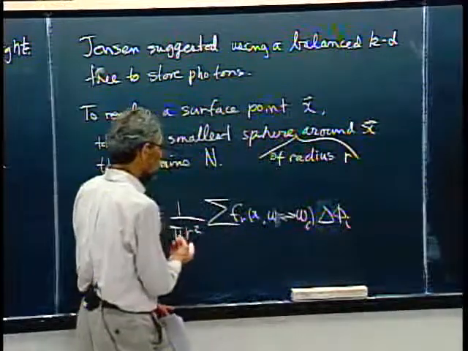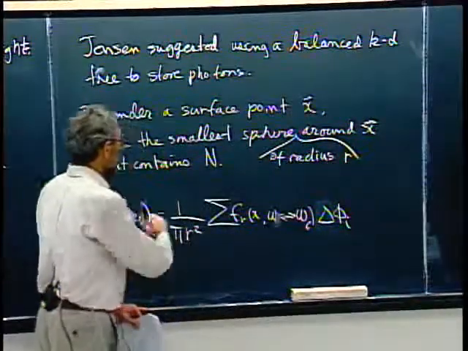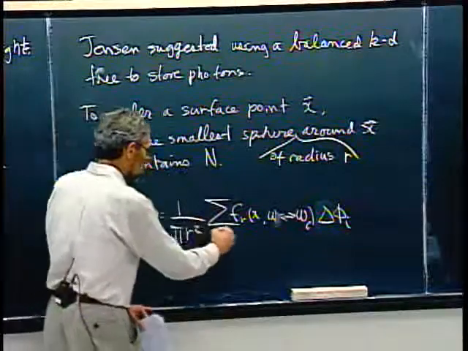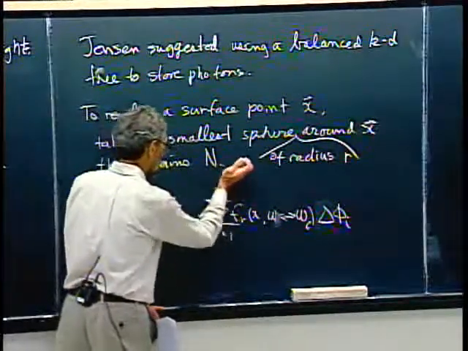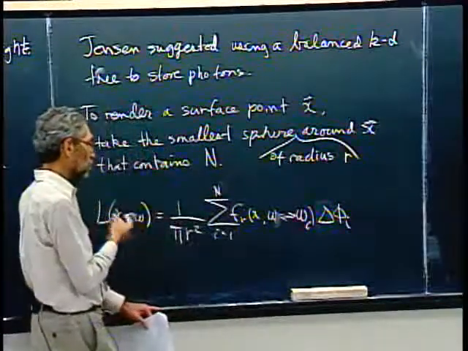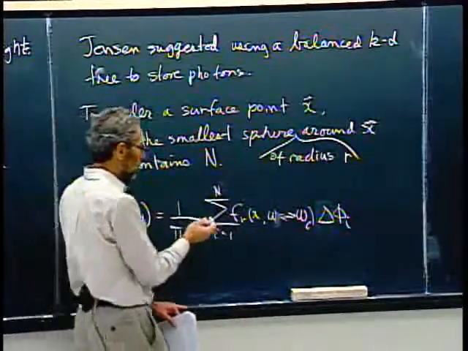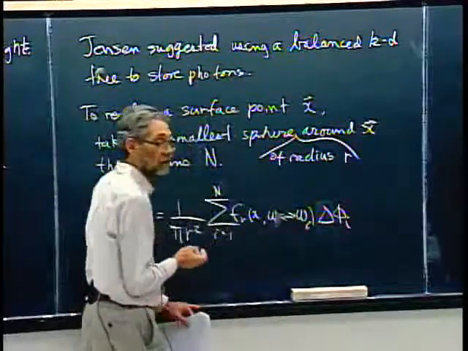So the positions were needed to figure out what this is, say, i equals 1 to n, where these n photons are, in order to get them close to the point x. And then if it's a diffuse surface, this is constant.